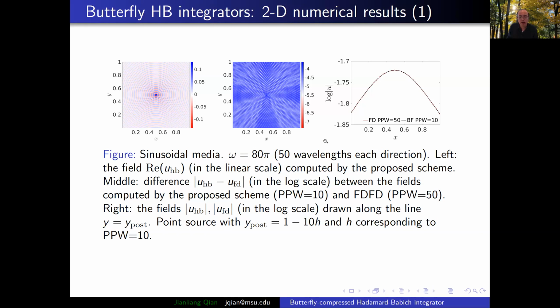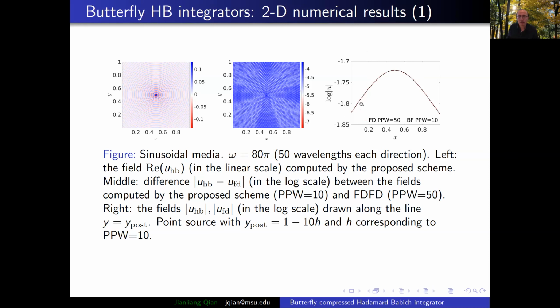For the finite difference solution we have to use very fine oversampling, more than 50 points per wavelength, to get a reasonable solution to compare. In the logarithmic scale the difference is very small. If we plot slices along some lines, they are the same. Here we are plotting the magnitude rather than the waveform directly. With the waveform directly, we cannot see much change.